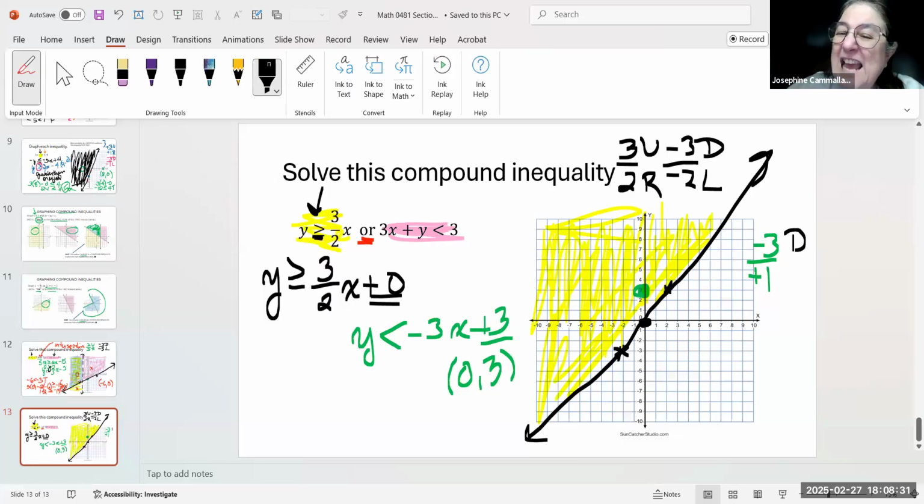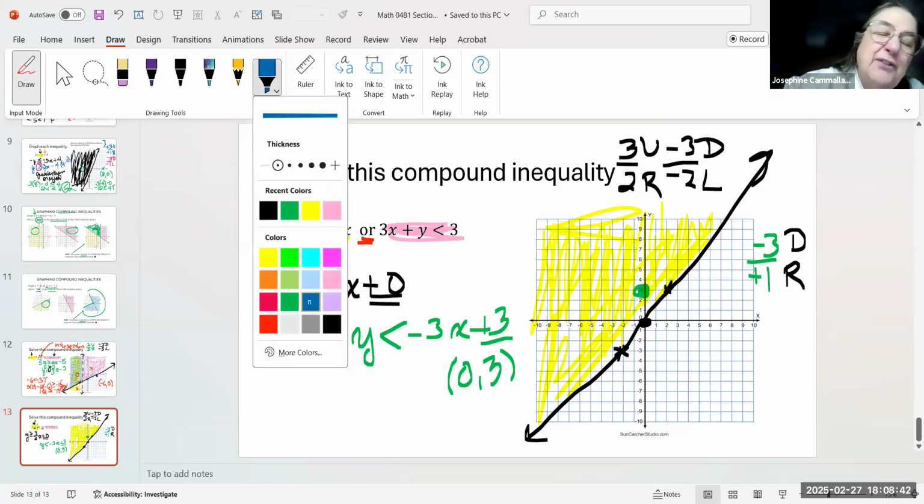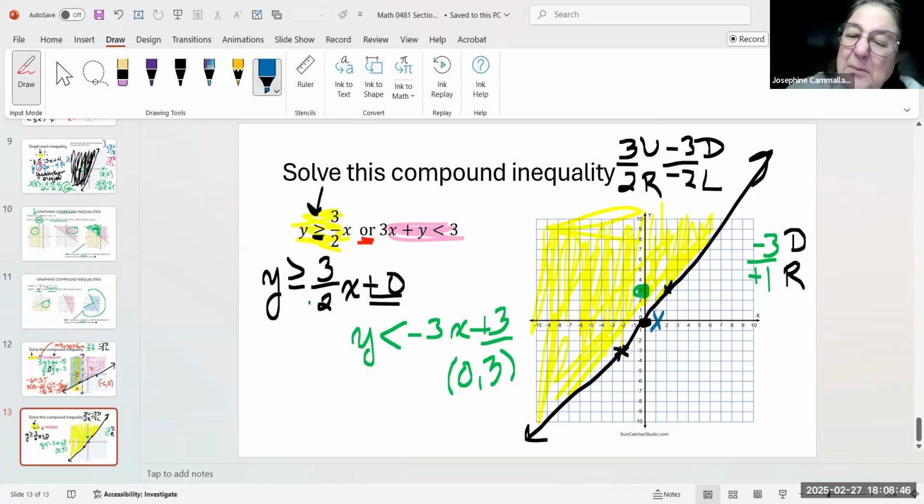I'm going down from my green dot, and I'm going right 1, which means, okay, I'm going to make a different color here. Down 3, right 1. That means it's going to be right there. But then I got to do the opposite. I've got to go up and left, which is 3, -1 from my green dot. 1, 2, 3.